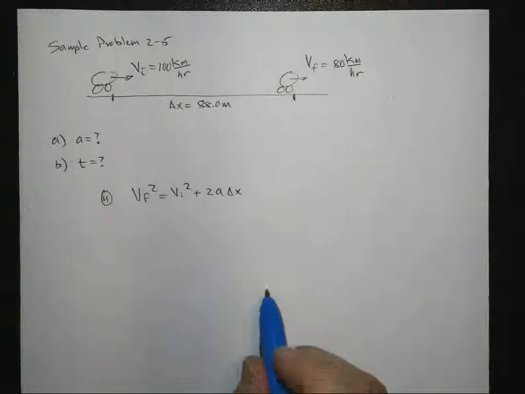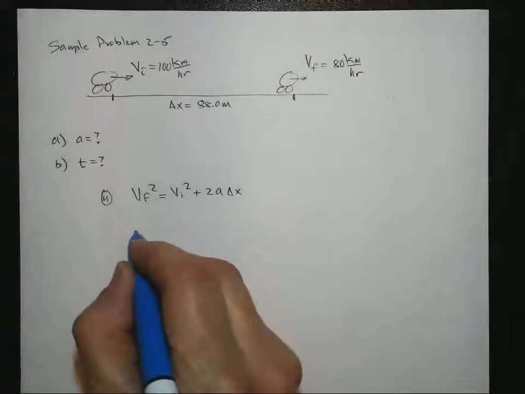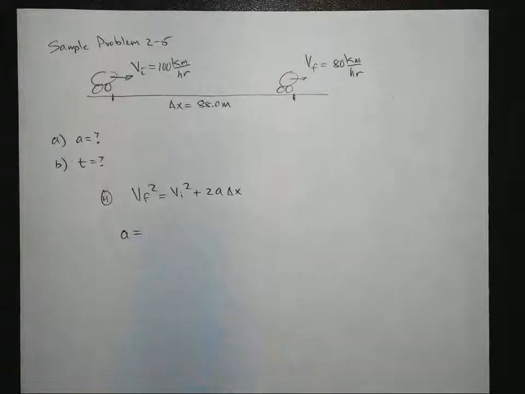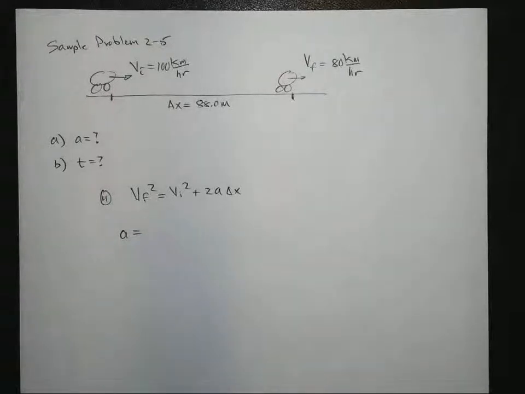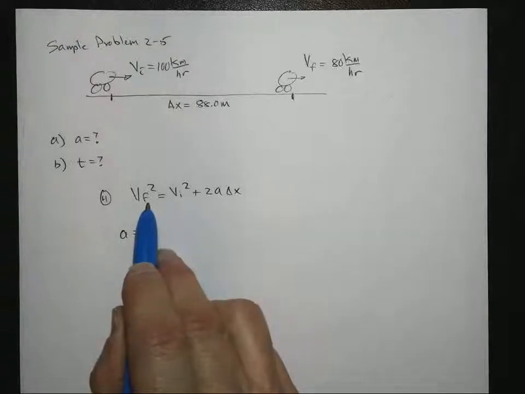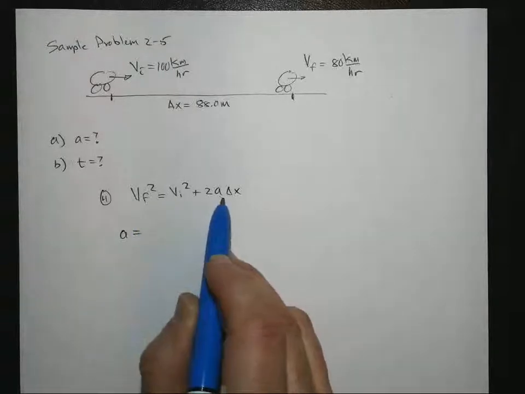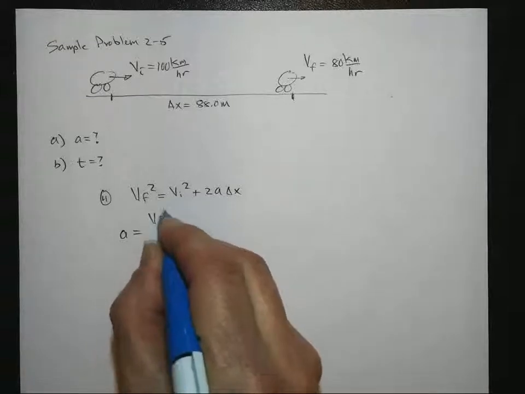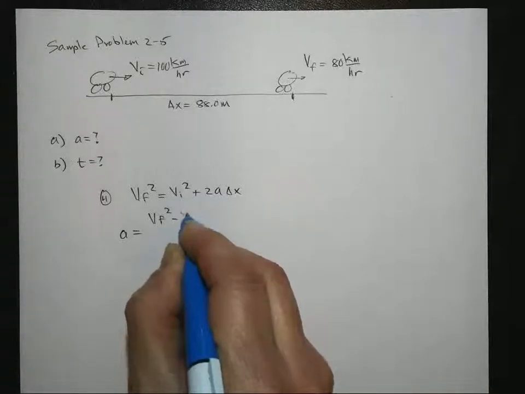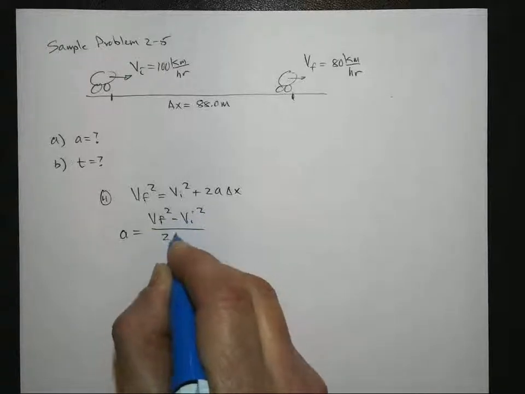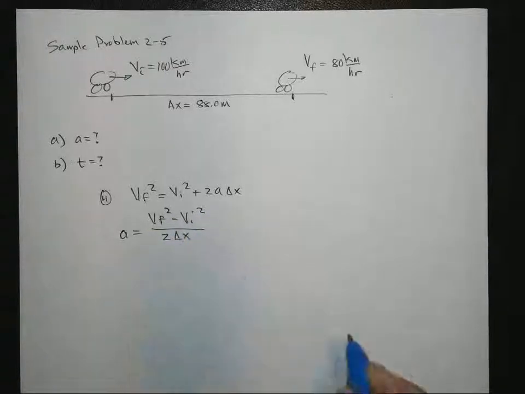Let's solve this algebraically for the acceleration. That's the preferred way to do a lot of problems for an AP course. So we subtract vi squared from both sides, then divide both sides by 2 delta x, and we get the acceleration equals the final velocity squared minus the initial velocity squared over 2 times the given displacement.